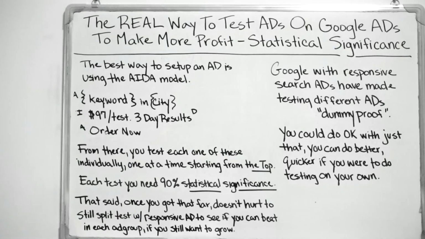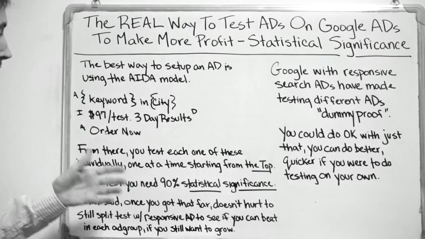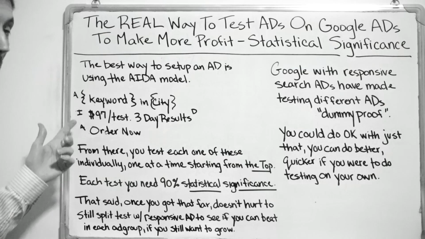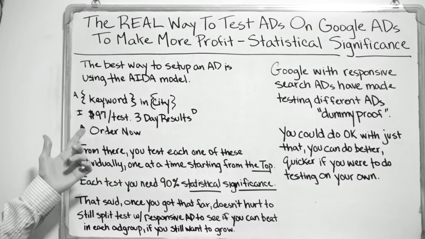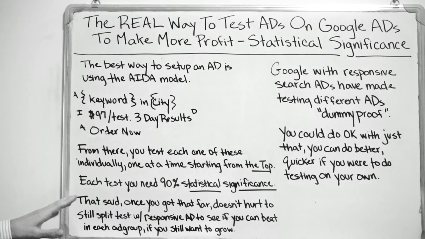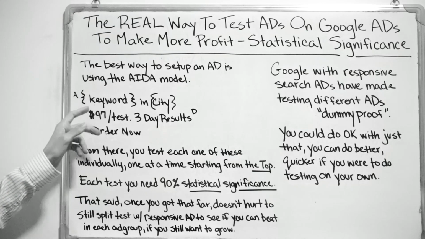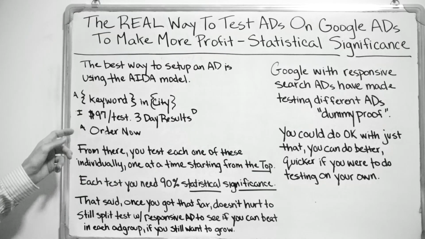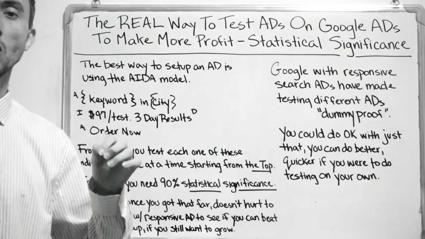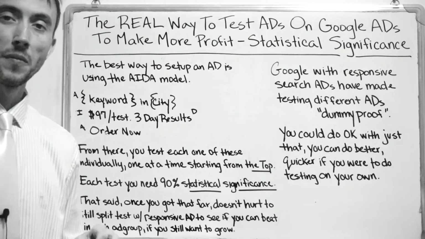So you might start out with a 7% click-through rate, but you'll get to 11 after you've tested each one of these AIDA components of the ad. So you start from the top always, first A, and then you test the I, then the D, then the final A, and that order is the best, quickest way to get to the top that I know of.